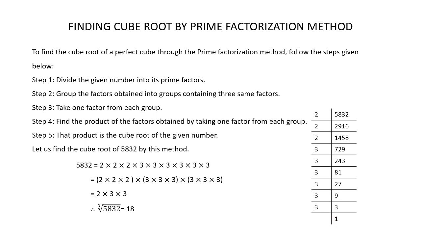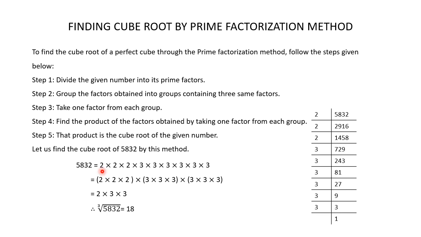So 5832 is the product of all these prime factors. So 5832 is equal to 2 multiplied by 2 multiplied by 2 multiplied by 3 multiplied by 3 multiplied by 3 multiplied by 3 multiplied by 3 multiplied by 3. Now you have to group the factors.